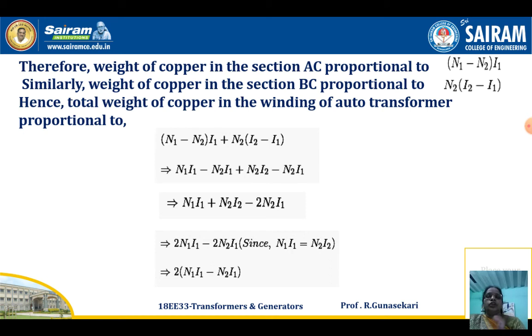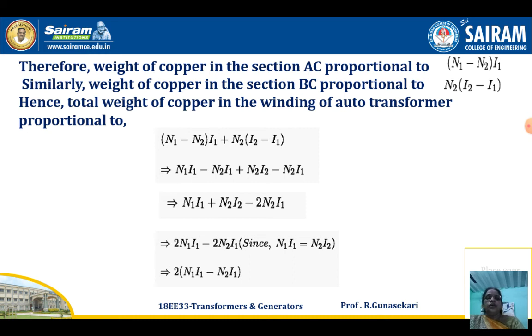Now we can find the total weight of copper in the winding of the auto transformer, which is proportional to ampere turns only. So it is (N1 minus N2) into I1 plus N2 into (I2 minus I1).